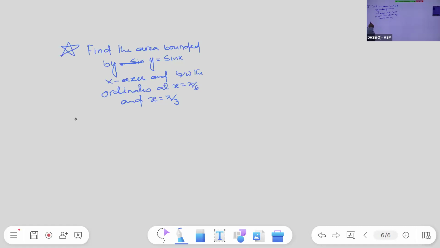So come to the solution, y is equal to sin x, x is equal to pi over 6, x is equal to pi over 3. Okay. So we have to find the area of this strip.